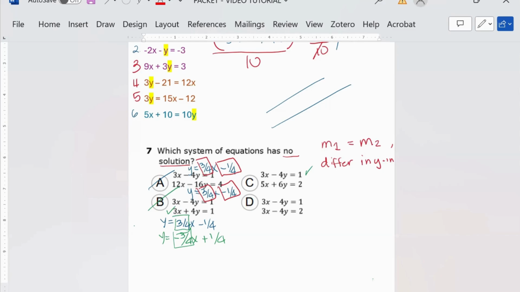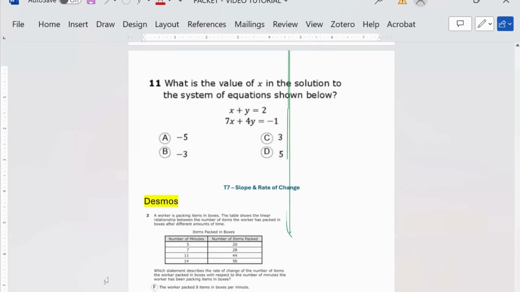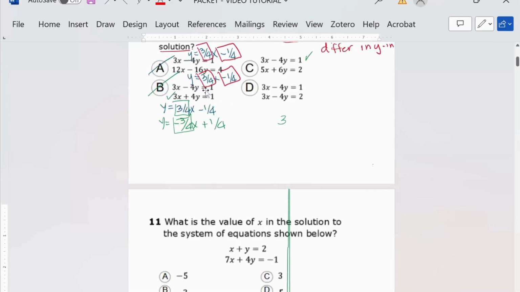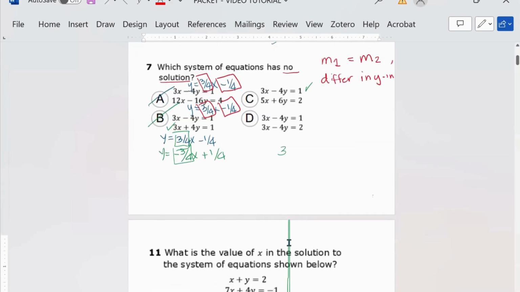Let's start with this. Okay, so 3x minus 4y equals 1.